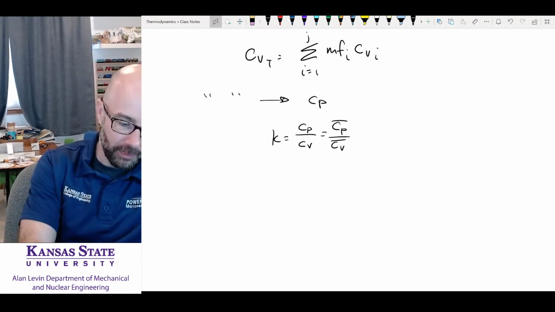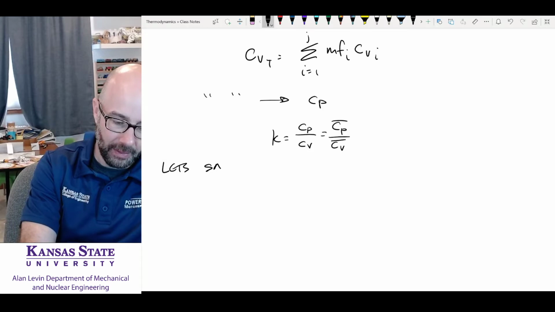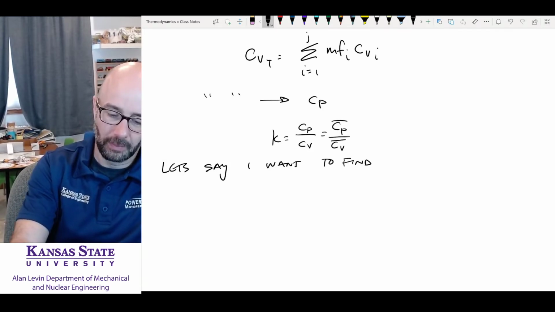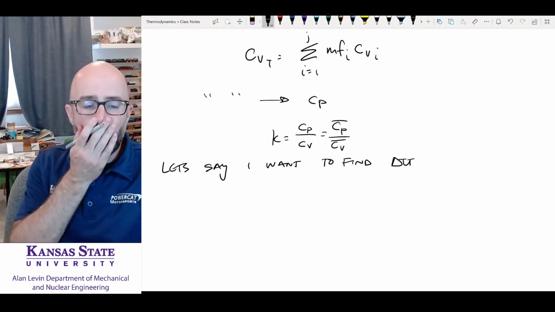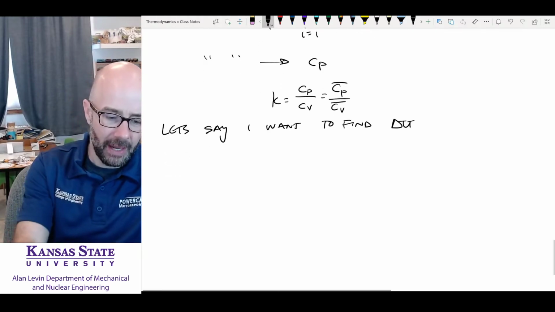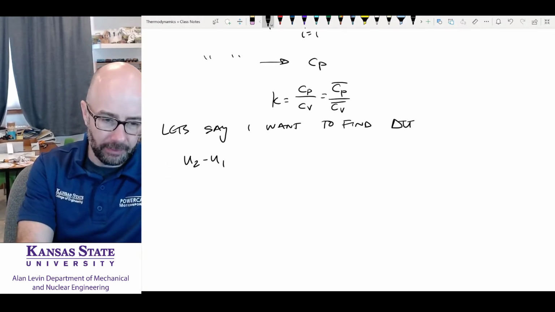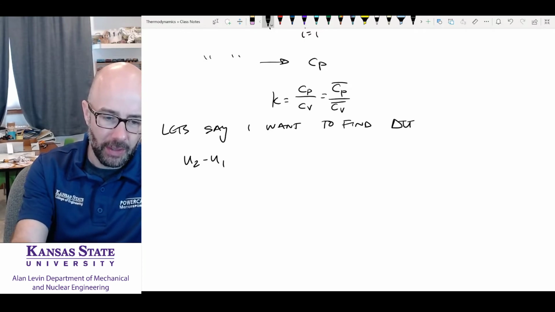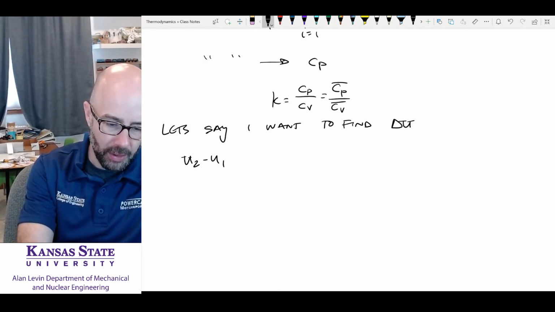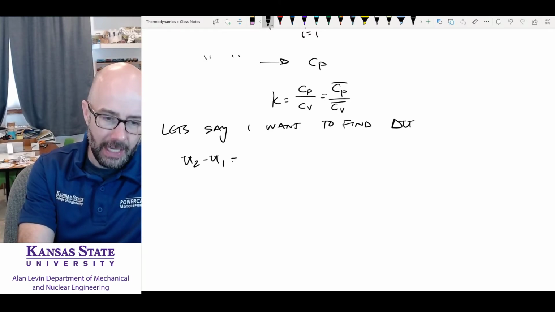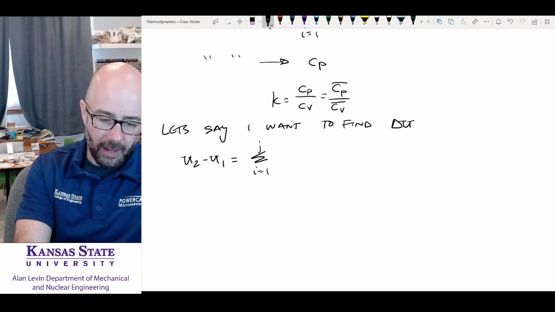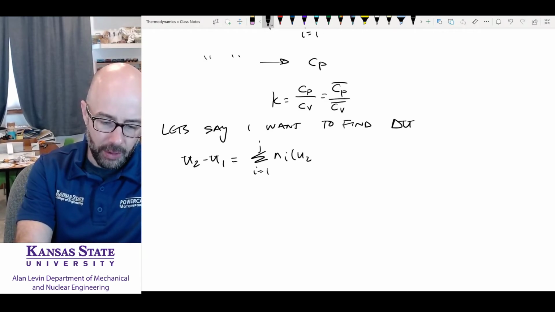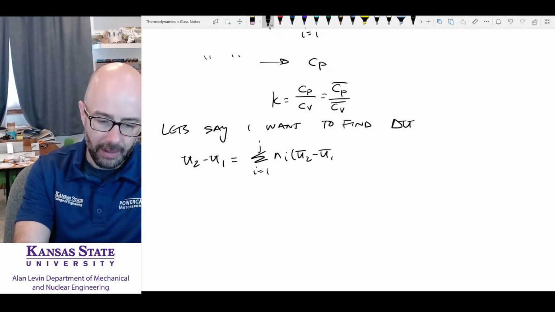Let's say I want to find delta U. Well, I could say U2 minus U1 is equal to the summation of i equals 1 to j of the number of moles of each component times U2 bar minus U1 bar of each component.